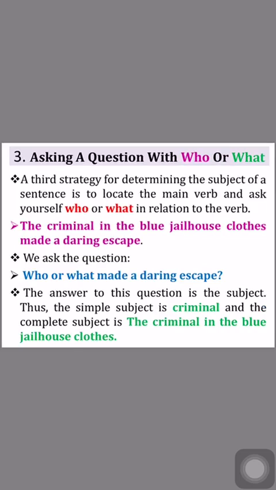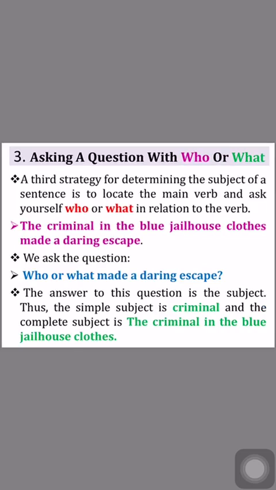We ask the following question, who or what, if we don't know whether it is human or non-human, in this way: who or what made a daring escape? The answer to this question is the subject. We are going to say the criminal in the blue jailhouse clothes made a daring escape.